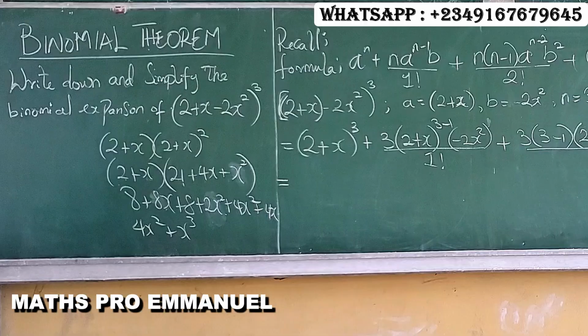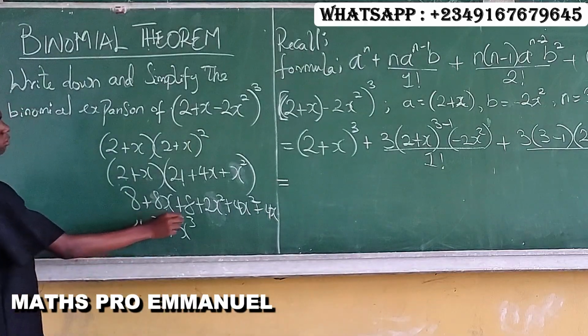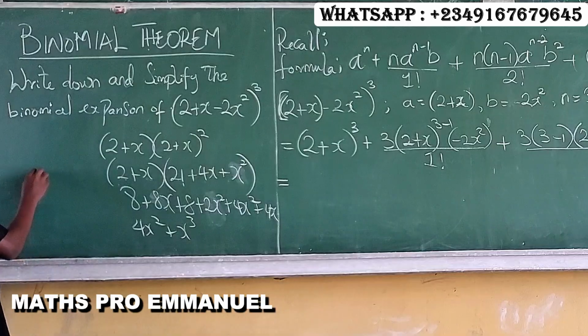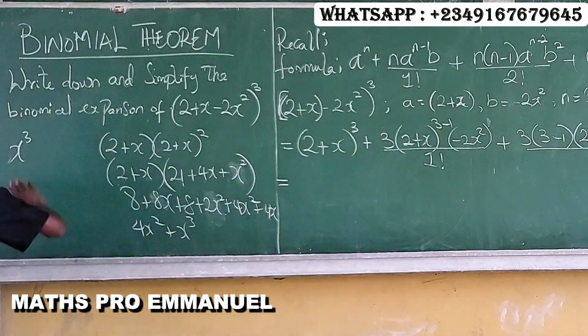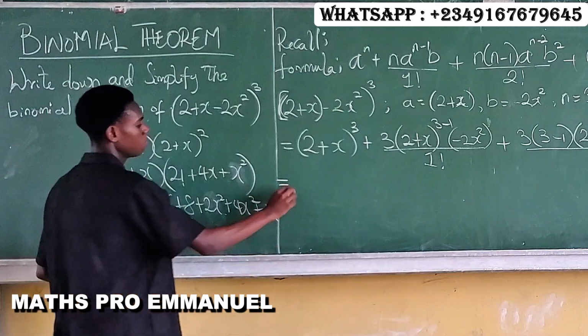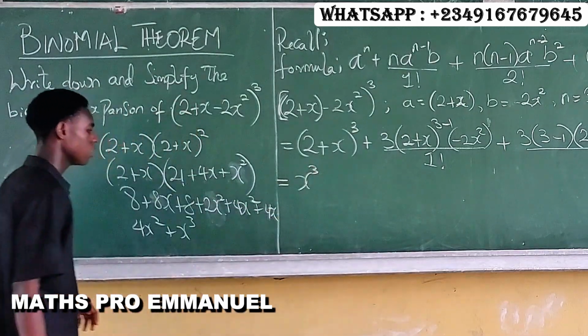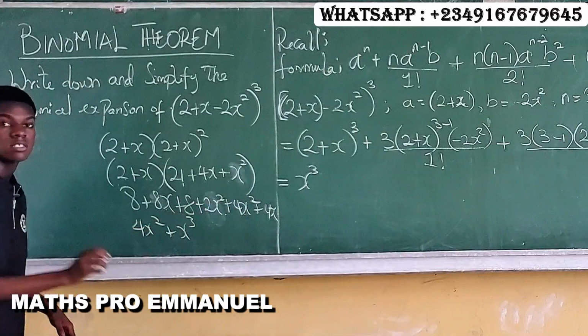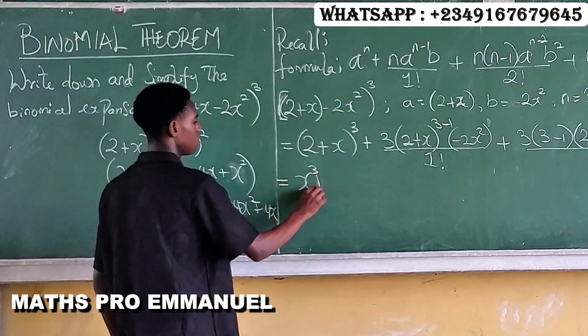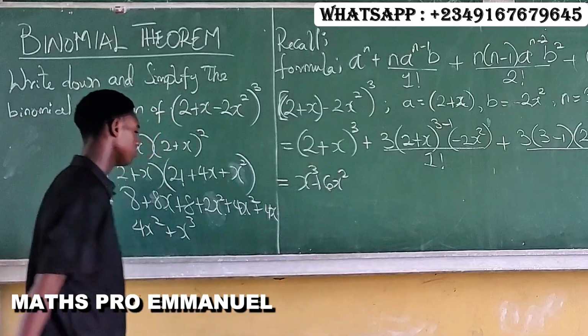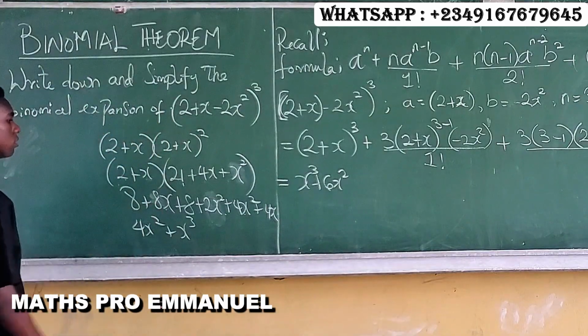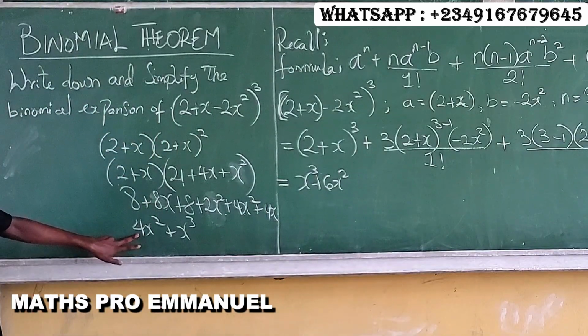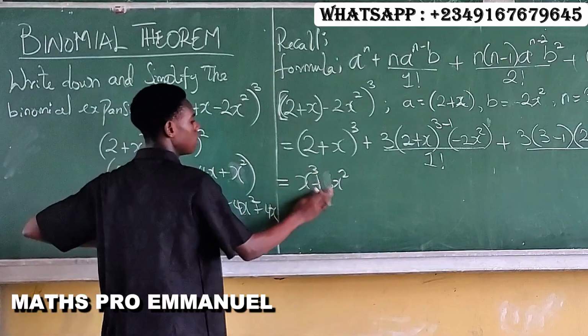Now let me add the terms with the same power. So x cubed will come first. Then the next is 4x squared plus 2x squared, which is 6x squared. We also have another 4x squared here, that is 10x squared.